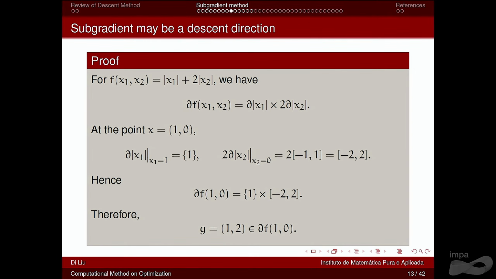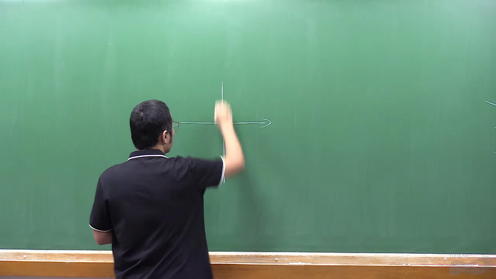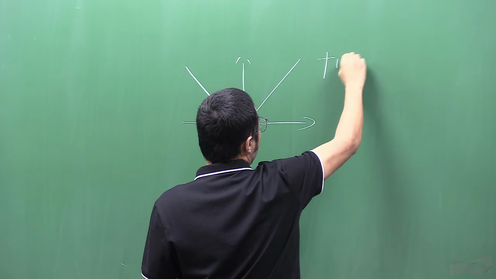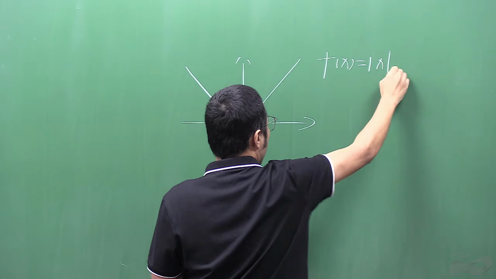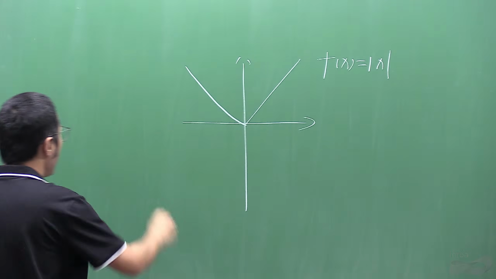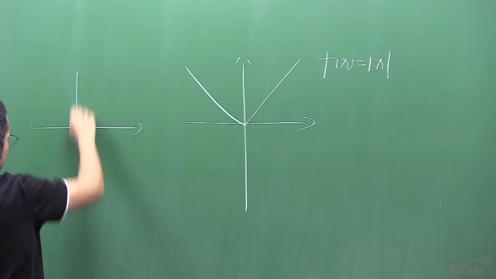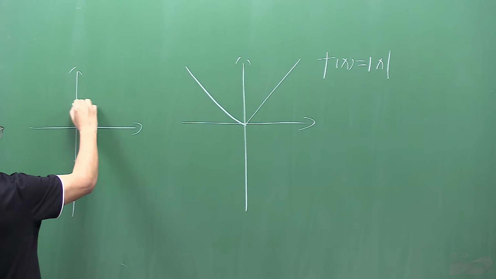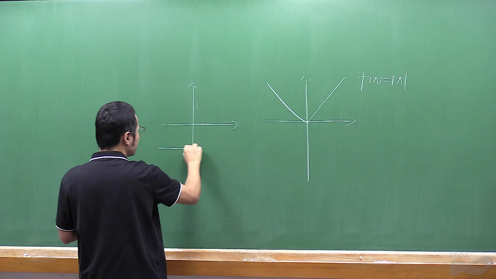I will write it here. Again, this is the absolute value function, f(x) equals the absolute value of x. And the subgradient of this is, here is minus 1, okay? Here is 1. So the subgradient is like this.